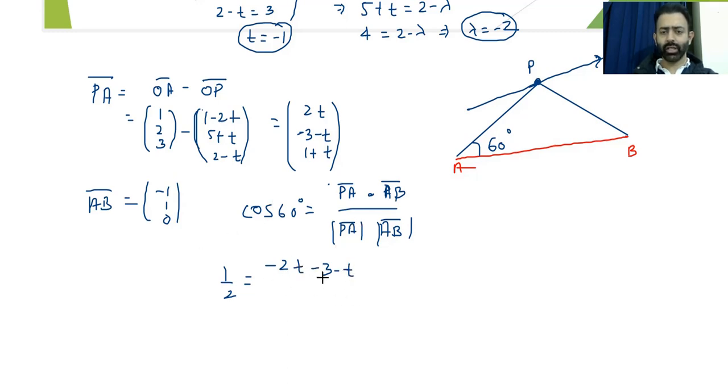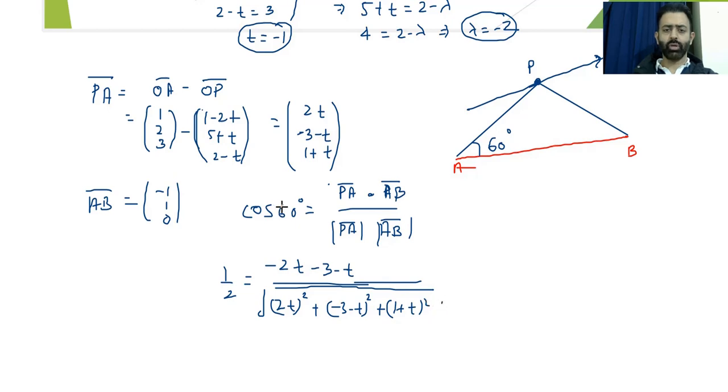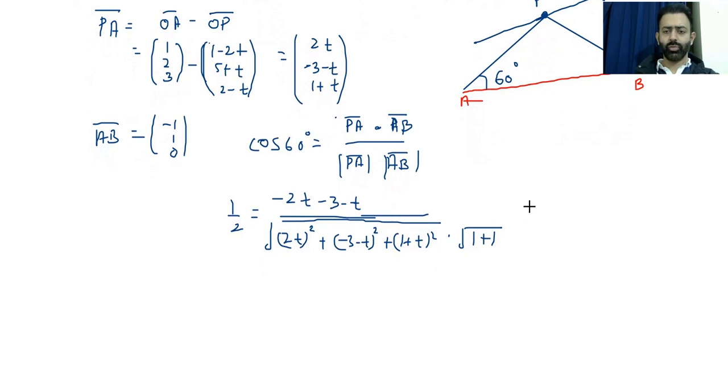This is PA dot AB over mod of PA, which will be the root of 2t whole square plus minus 3 minus t whole square plus 1 plus t whole square, into mod of AB. Mod of AB is root of 1 plus 1. So the numerator is minus 2t minus t, which is minus 3t, minus 3.